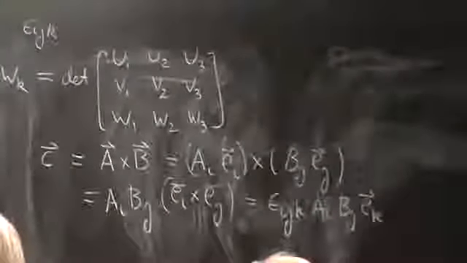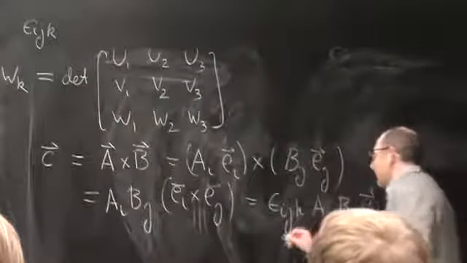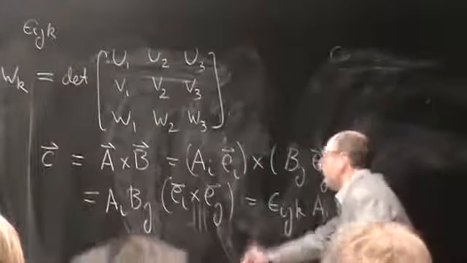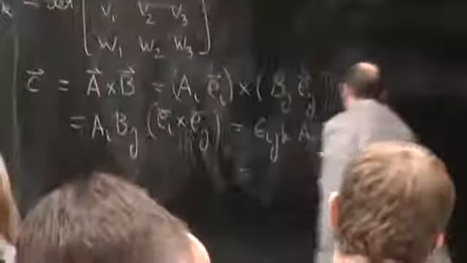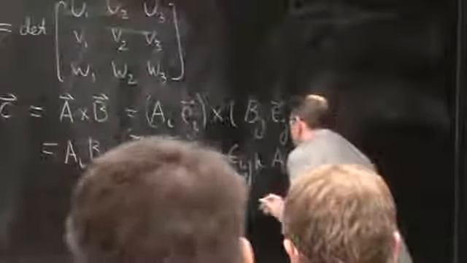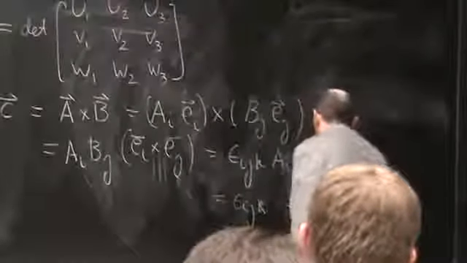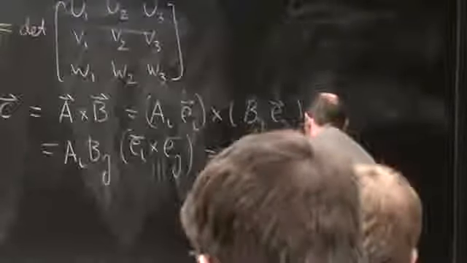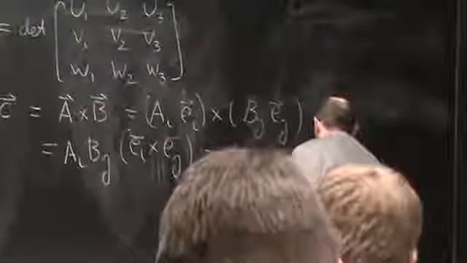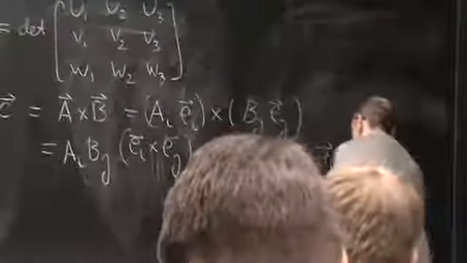So, if I look at this, we've summed over all the indices. Let me rearrange them, using the cyclic property, and call this epsilon ijk a_j b_k.